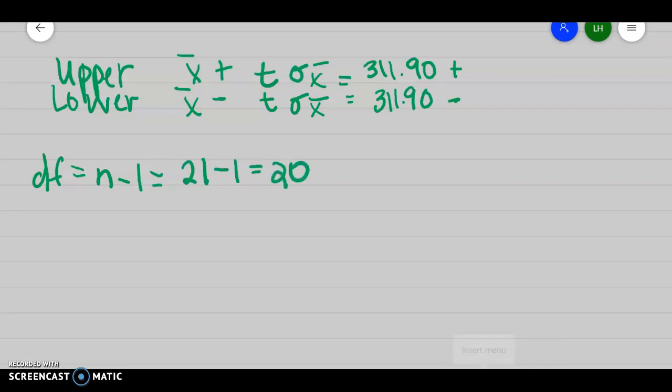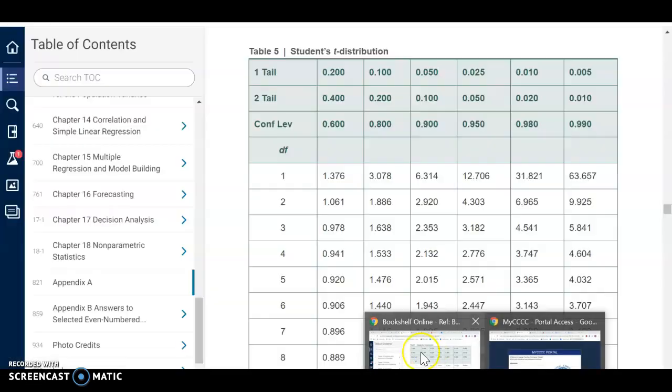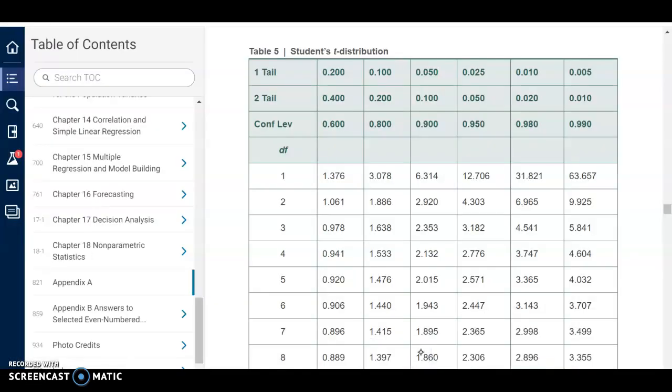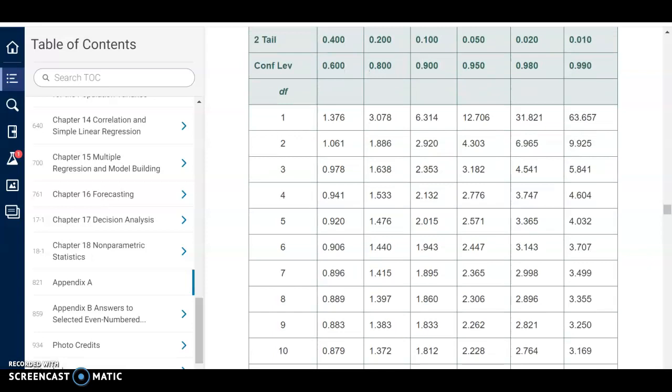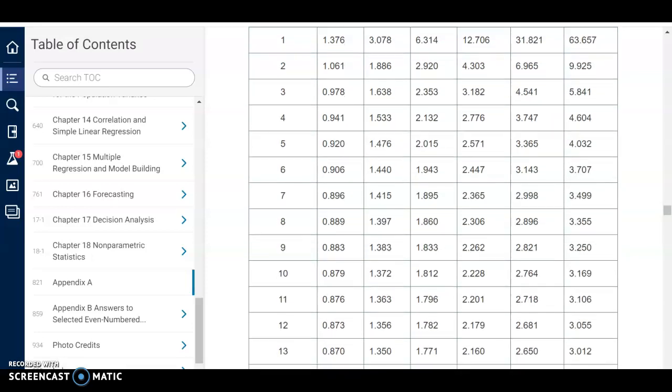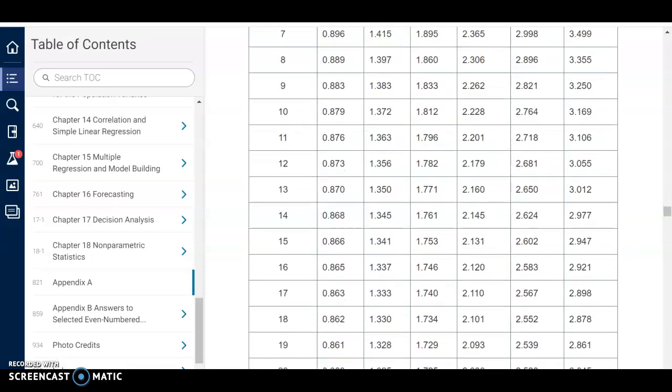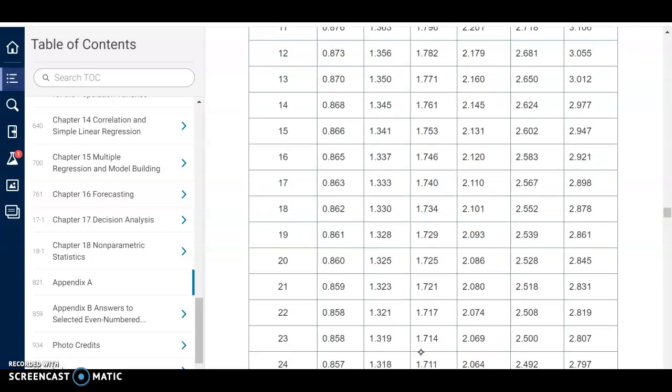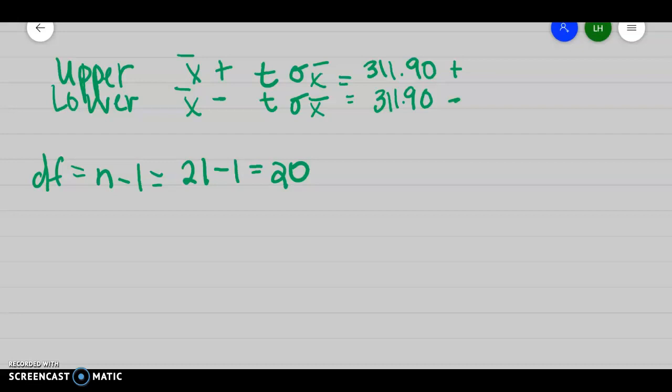So we need degrees of freedom to be 20 at the 90% confidence level, which is the fourth column if you count the numbers here. So if you go to 20, and it's really the third column over, 1.725. That's our number.